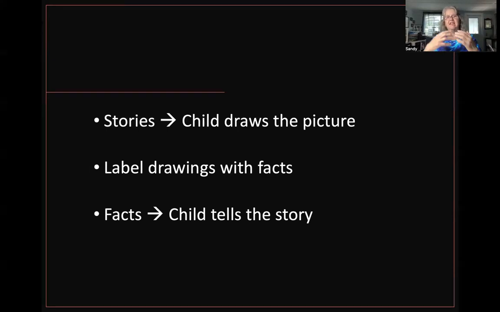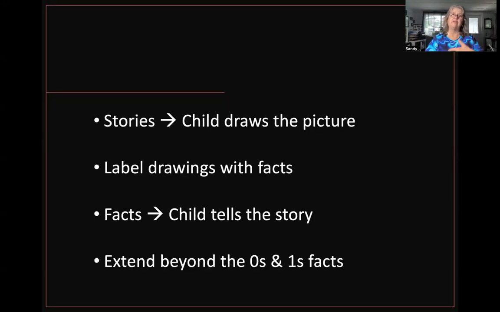So we want that connection very strong both ways. And then from that, we'll be able to extend beyond the facts. They'll know their zeros and their ones, which are easy. They'll know it in a way, though, that takes them from just memorizing those 10 or 11 facts associated with it to being able to generalize out far beyond the facts.